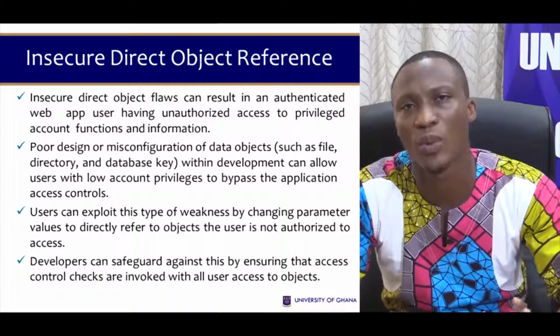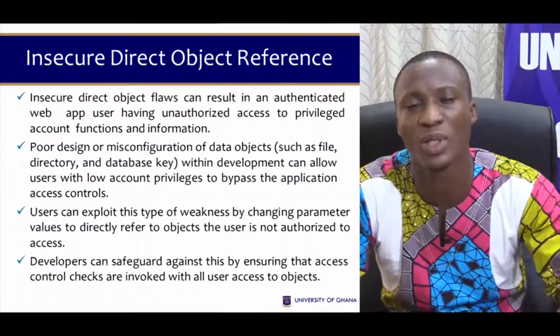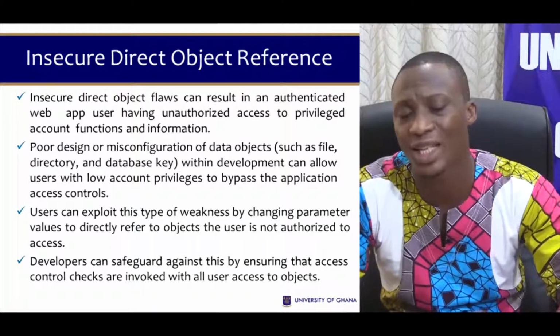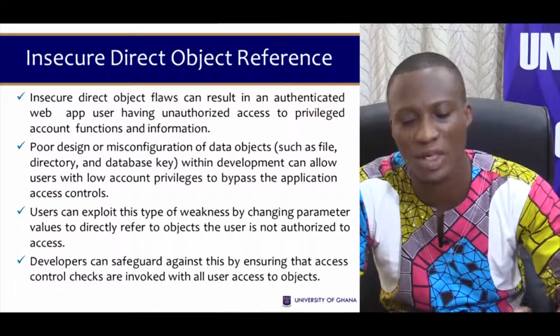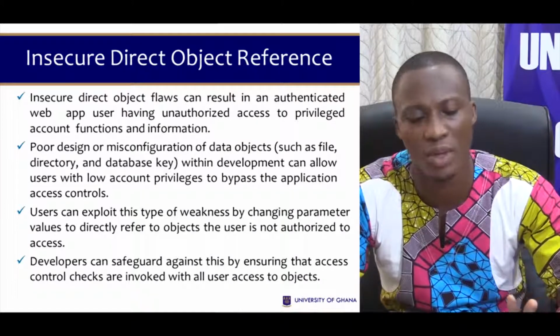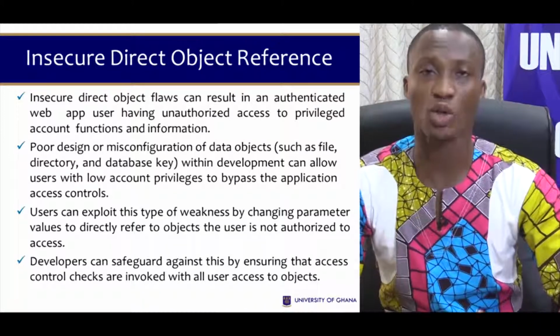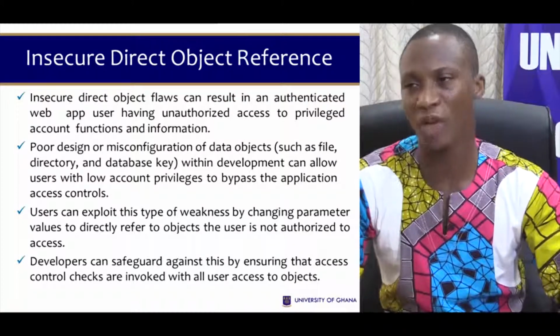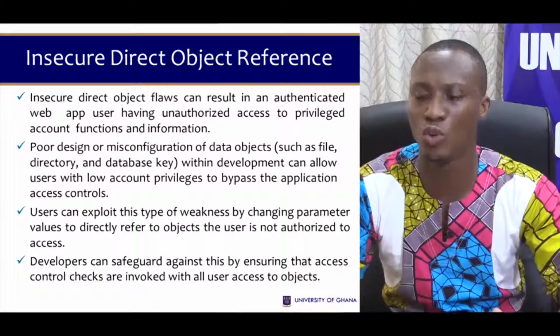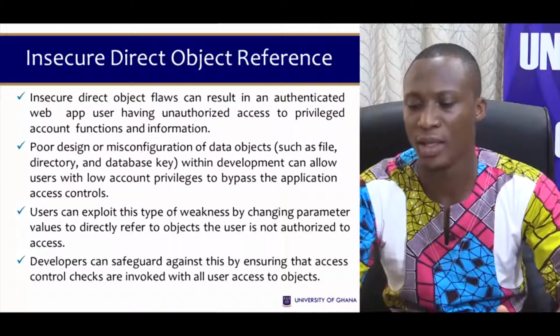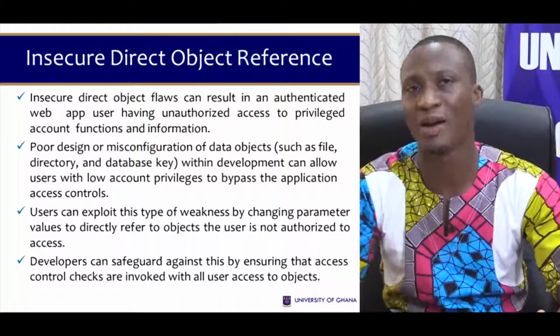Now, this is what we are calling insecure direct object reference. Users can exploit this type of weakness by changing parameter values to directly refer to objects the user is not authorized to access. So if I'm supposed to just log in and check my bank account, that is as far as I go.